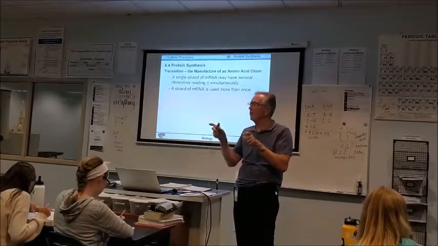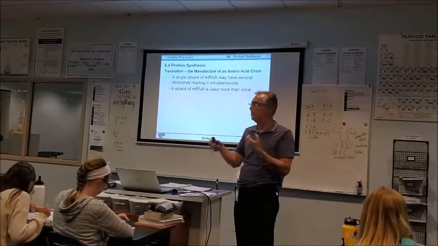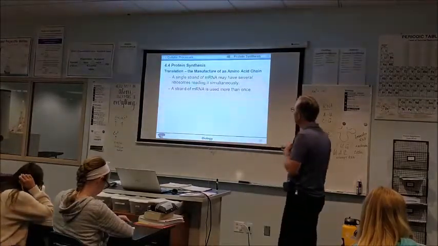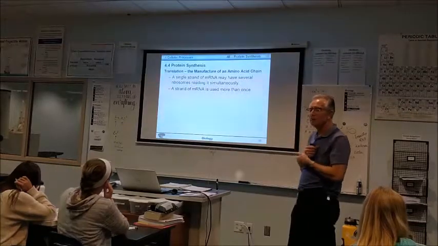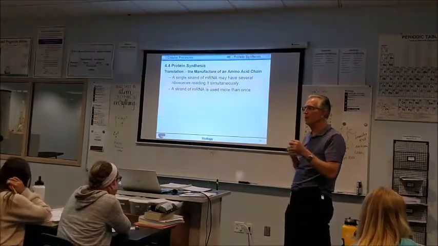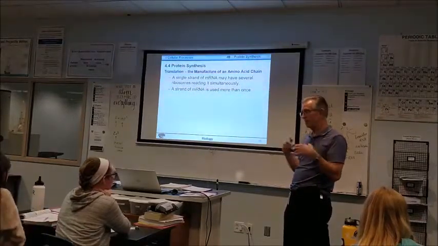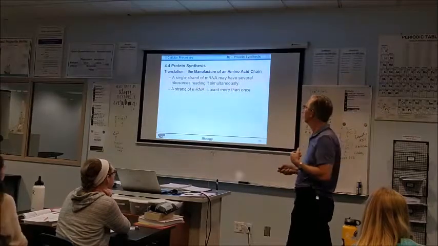They're not at the same point, obviously, but they're both trying to make the same protein. Also the messenger RNA can be used more than once. So it doesn't make one protein and then have to get the message all over again. It can use that same message again and again and again.